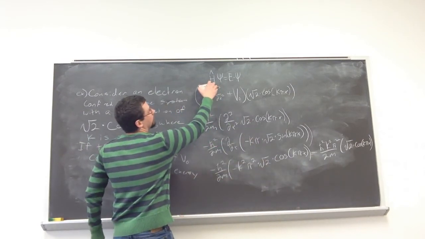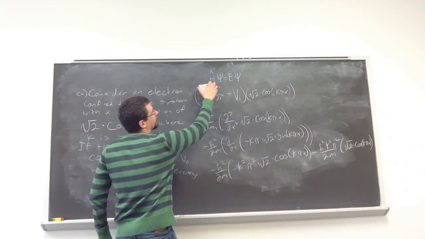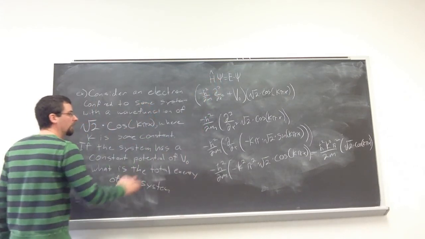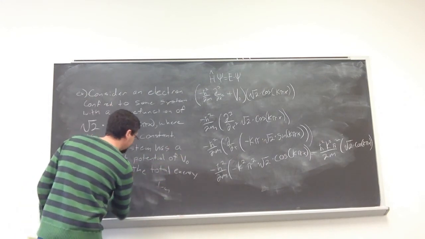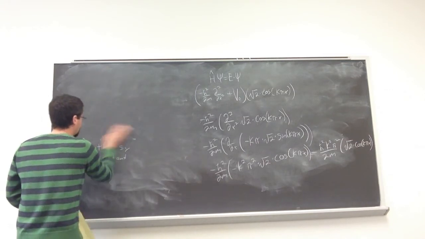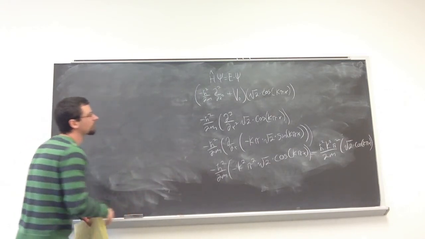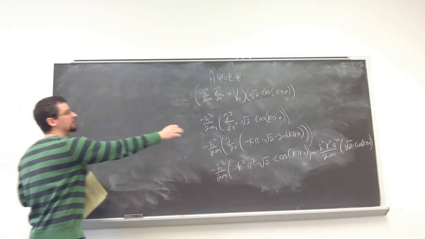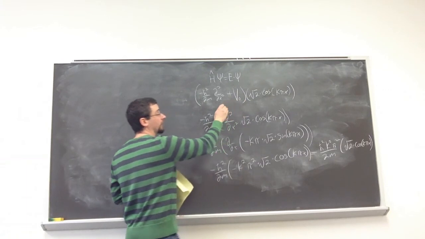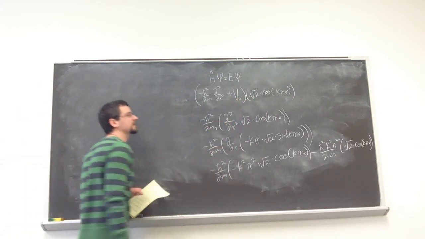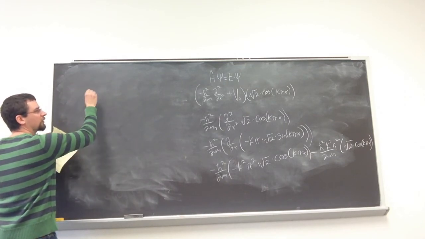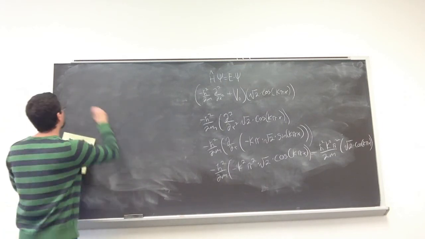And this function wouldn't be an eigenfunction of that operator. So we have to make this true. Okay, so we got the kinetic energy part. Let's work on the potential energy part. In that case, it's just going to be this cosine function times V naught. So for our potential energy part and kinetic energy part, let's put everything together.